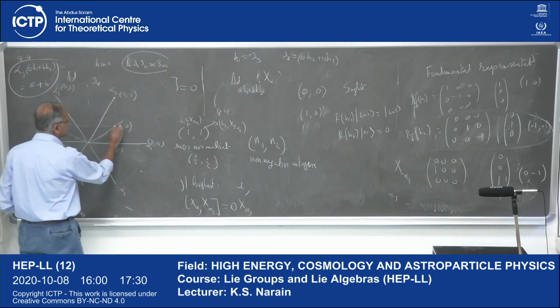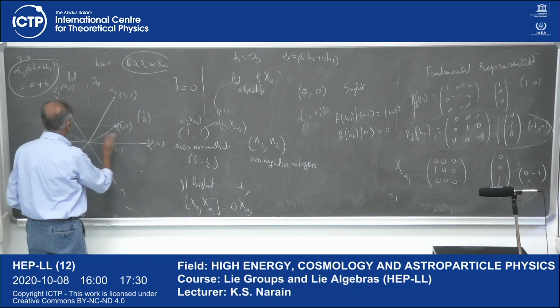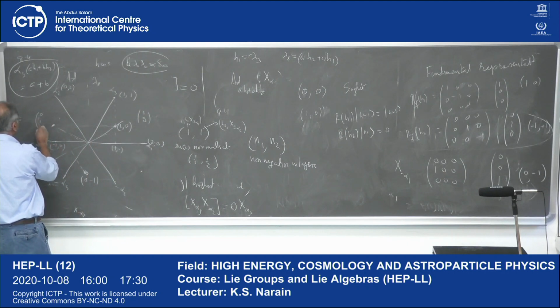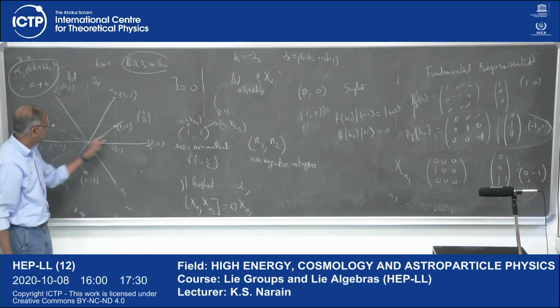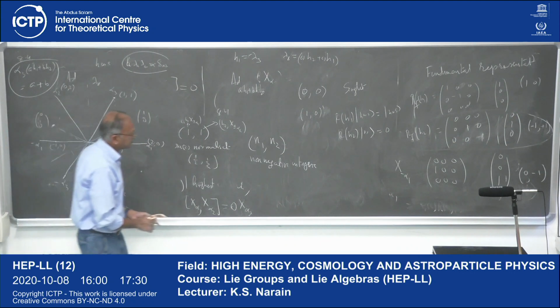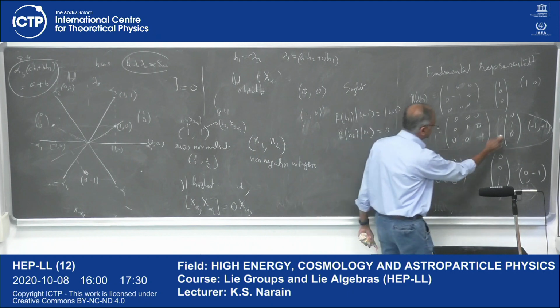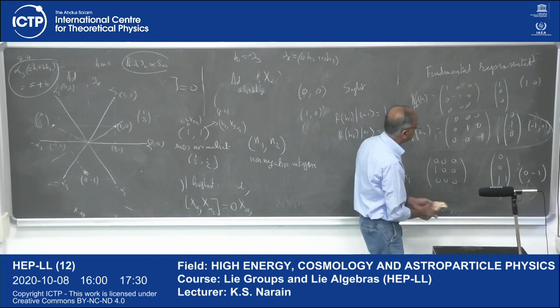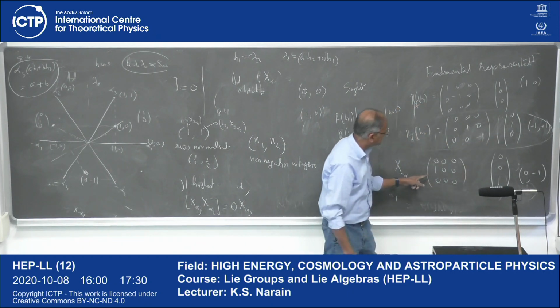So this state is 1, 0, and this state is 0, 1, 0, obtained by applying x minus alpha 1 on that state. And finally, if I apply further x minus alpha 1 on this state, it is going to give me 0.